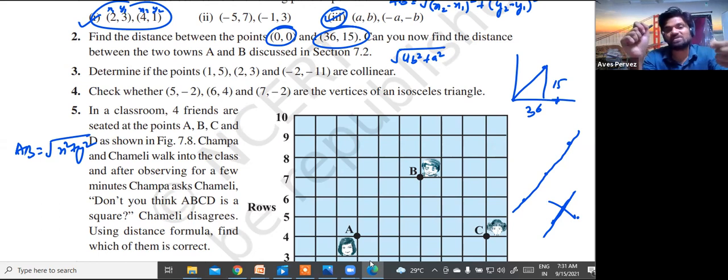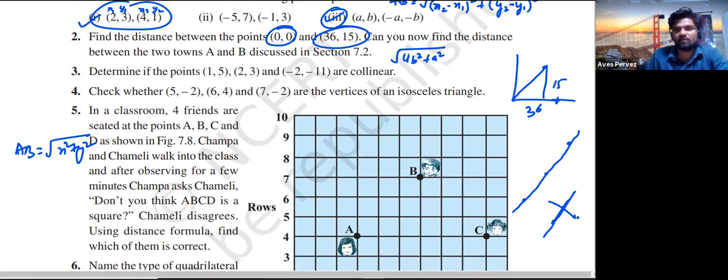So how can we check that points are collinear? If we have 3 points, each with its own coordinate, and these are collinear, then if I calculate the distance between A and B, B and C, and A and C, we'll find that the distance of 2 points is equal to the sum of the other 2.